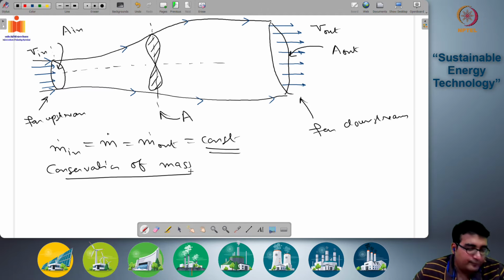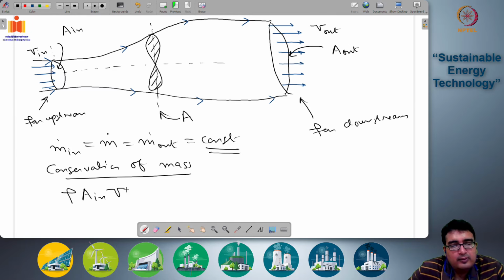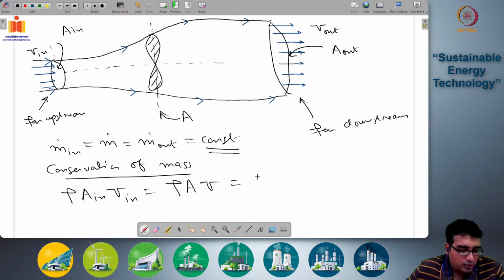So accordingly then, and we can also assume that the density of air is not changing. So rho A in V in must be equal to rho A V equals rho A out V out.